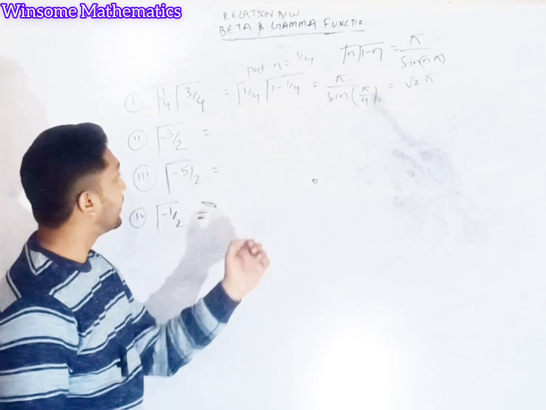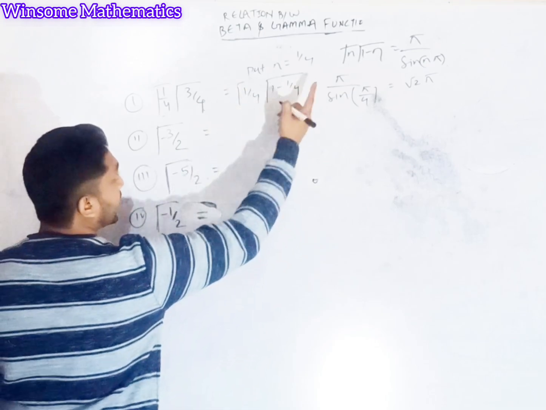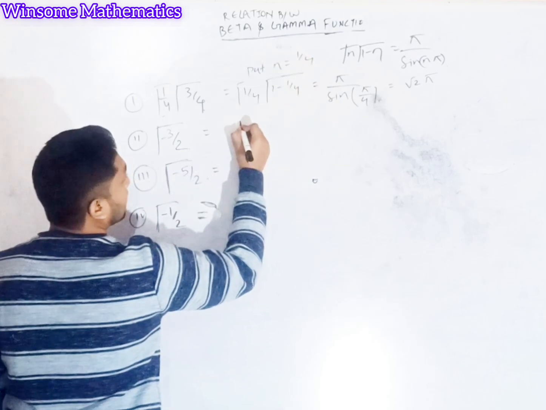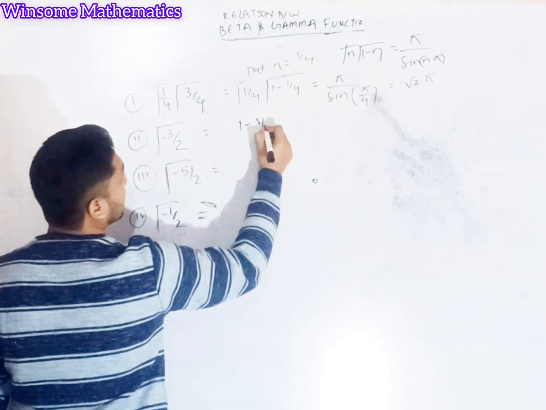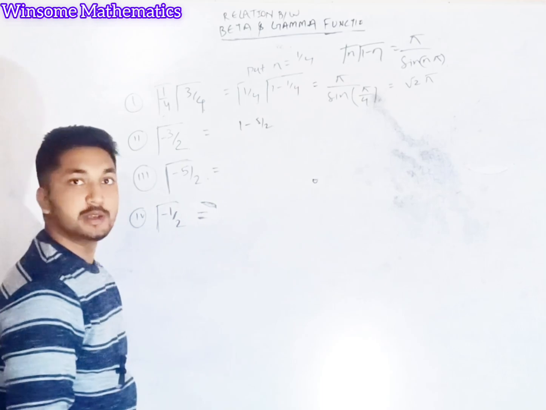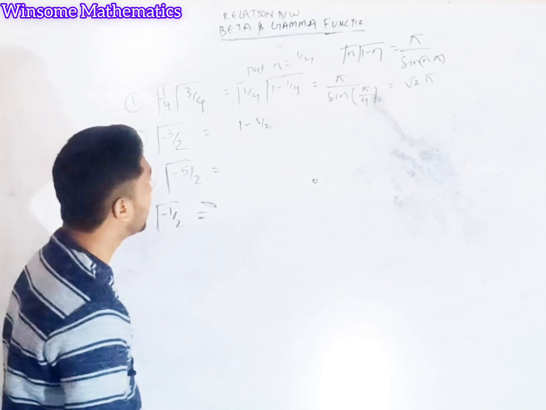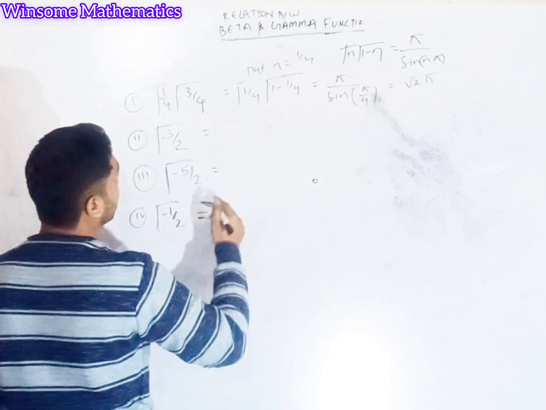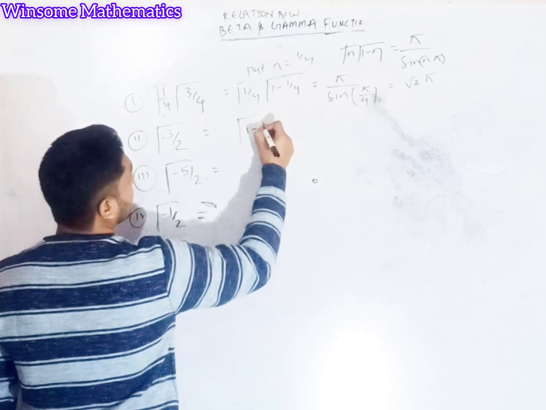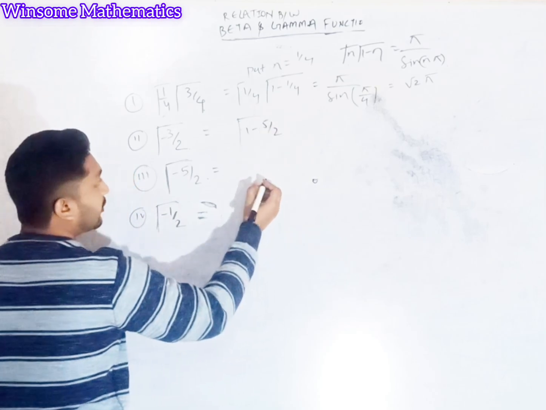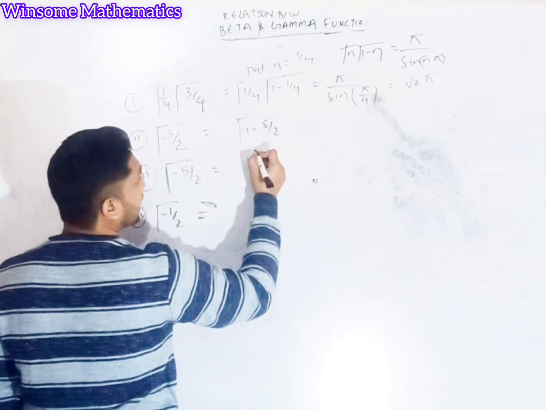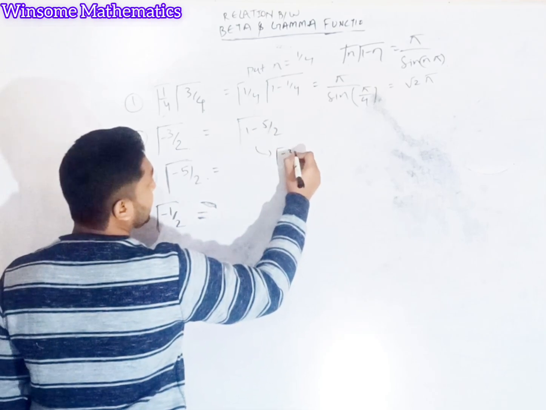So we will simply put here 5 by 2, 1 minus 5 by 2. 1 minus 5 by 2 is minus 3 by 2, so we are obtaining gamma of minus 3 by 2.